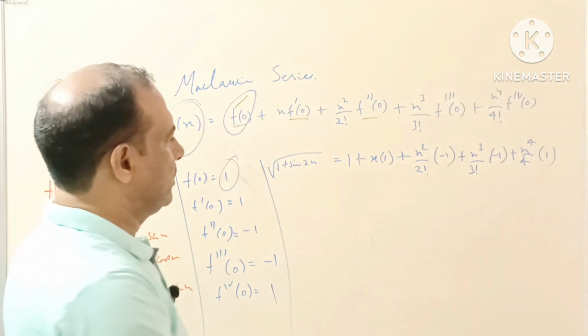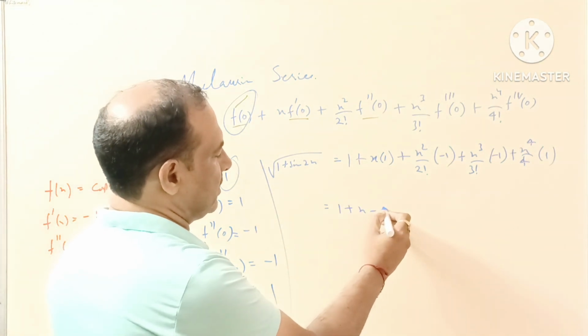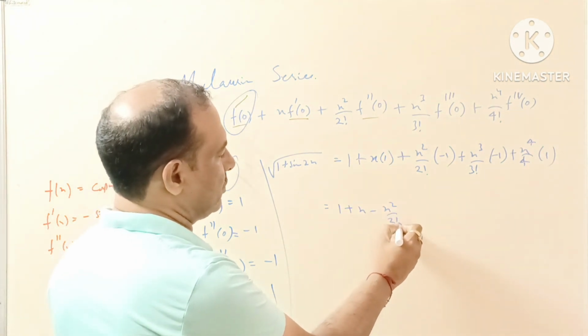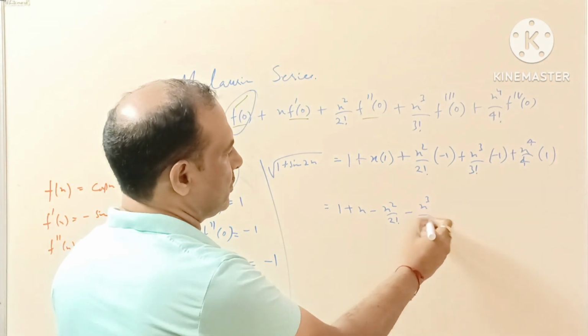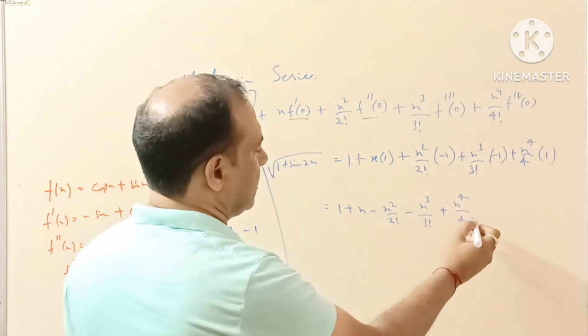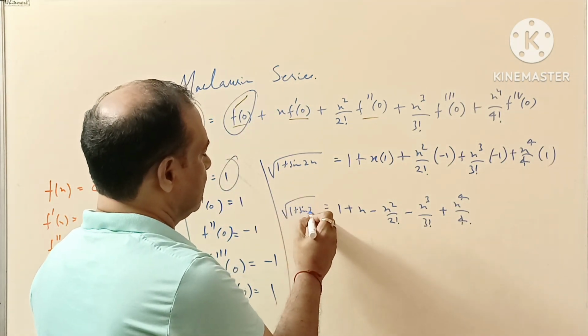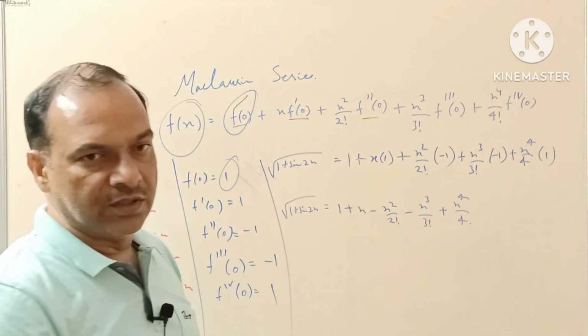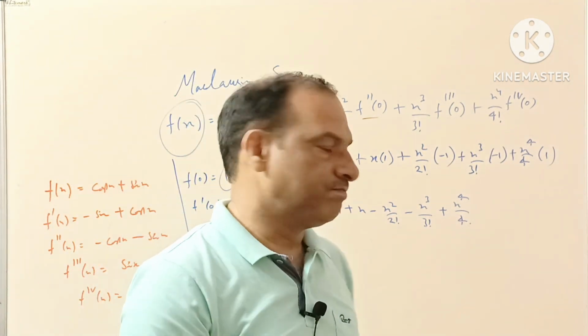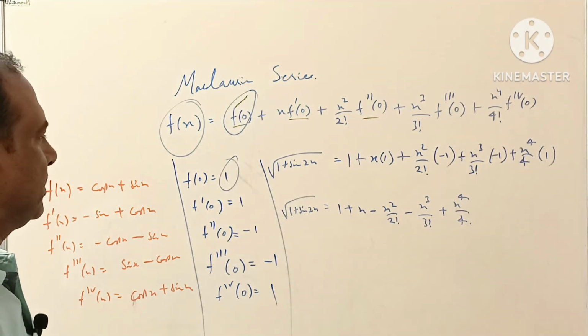Now, what you can do here is just put the signs in front. This is 1 plus x, minus x squared over 2 factorial, minus x cubed over 3 factorial, and x to the power 4 over 4 factorial. Now, this is the function square root of 1 plus sin 2x, which you have converted into a polynomial with the help of a Maclaurin series.